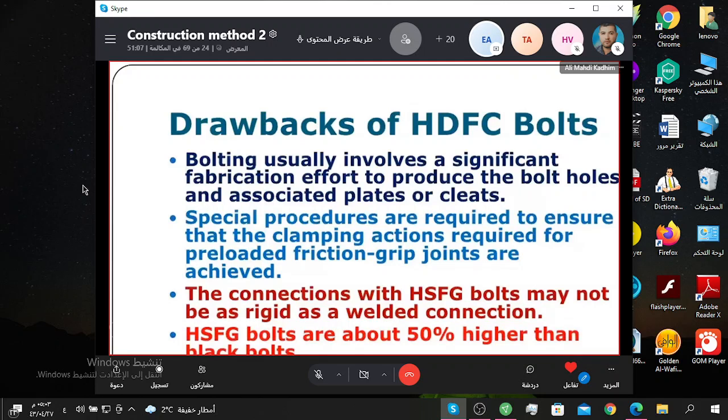Special procedures are required to ensure that the clamping action required for preloaded friction grip joints is achieved. The connection with HSFG bolts may not be as rigid as a welded connection. HSFG bolts are about 15% costlier than black bolts.